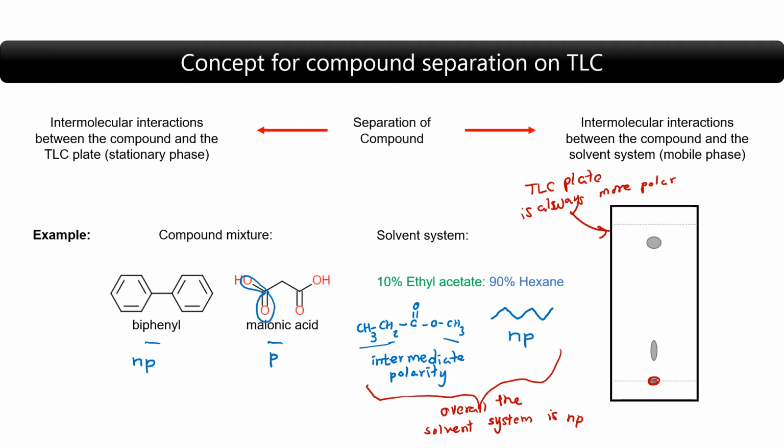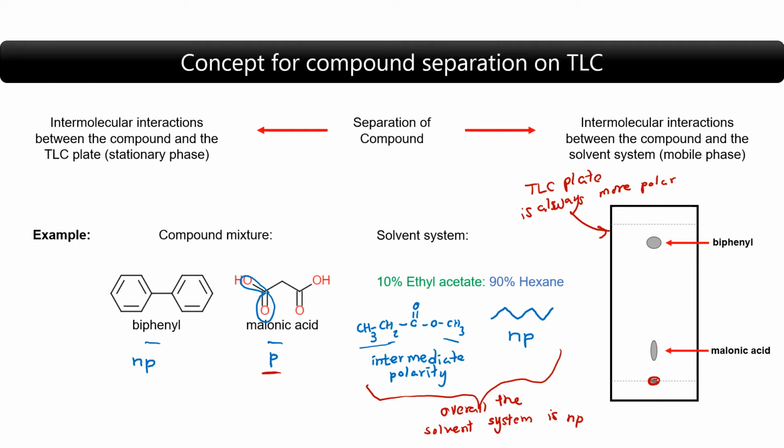Biphenyl, being a nonpolar compound, would prefer to interact more with the nonpolar solvent system, so it should move further along with the solvent, and it would separate and move along further than malonic acid. While malonic acid is a polar compound, so it wouldn't be able to form stronger intermolecular interactions with the mainly nonpolar solvent system.